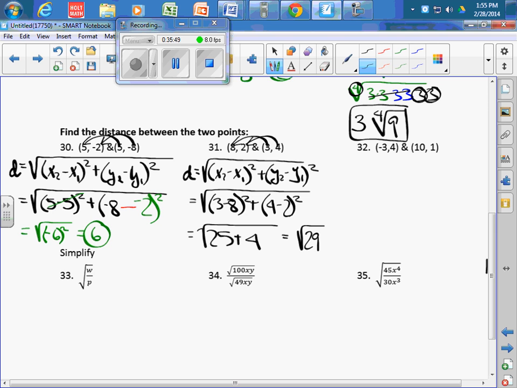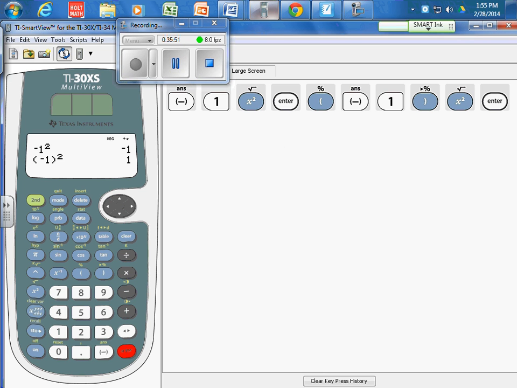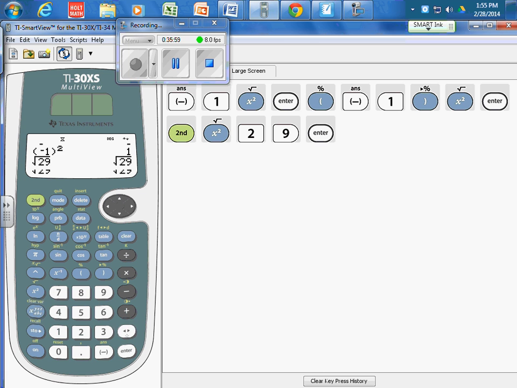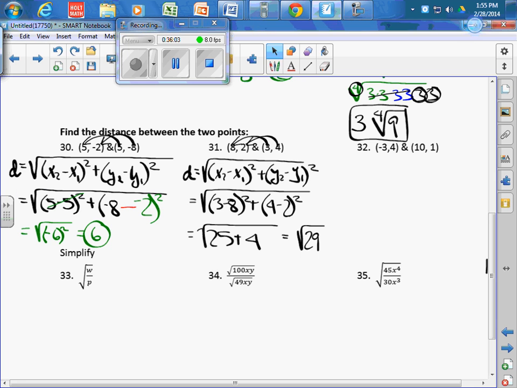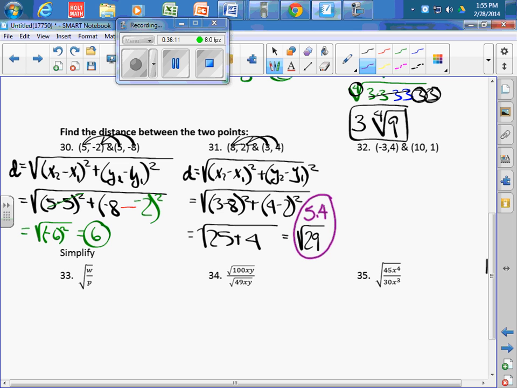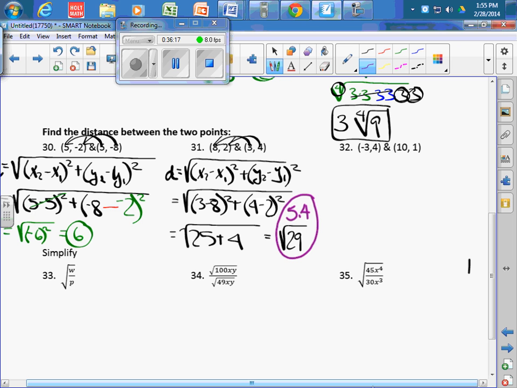If you're supposed to find that rounded off to the nearest tenth, square root of 29 is 5.4 rounded off to the nearest tenth. It's a simplified radical. It'll be radical 29.